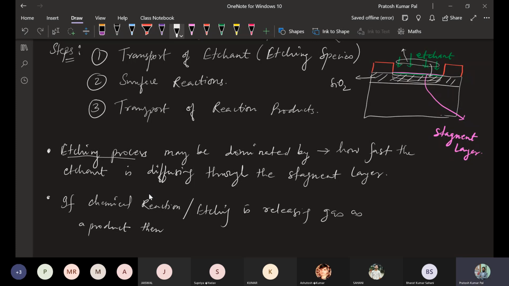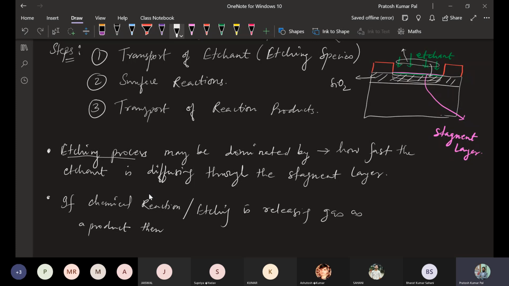Okay, so if the byproduct is gas, then the etchant will directly reach the stagnant layer. There will be no need of diffusion.